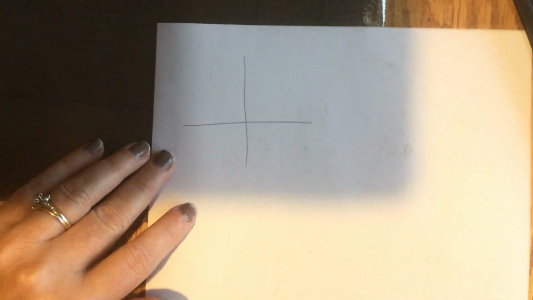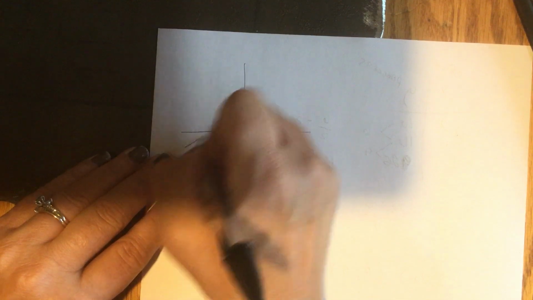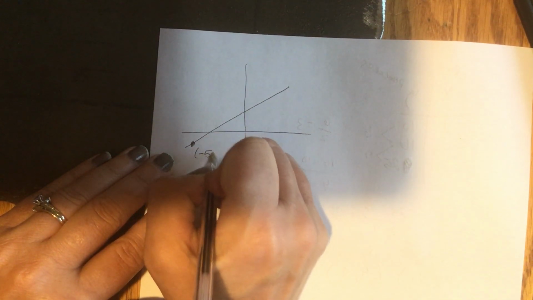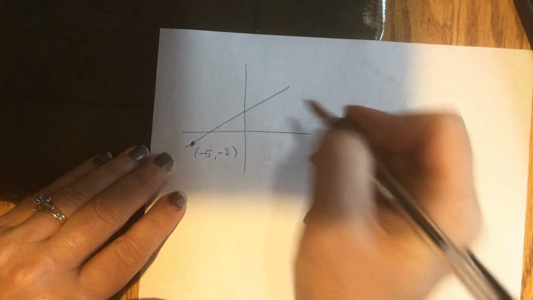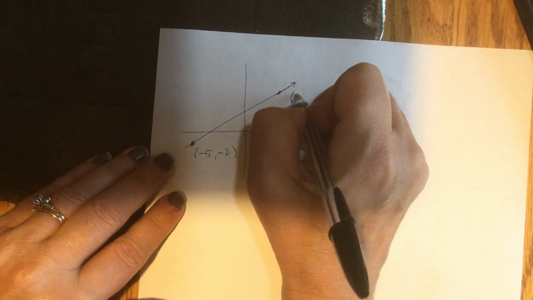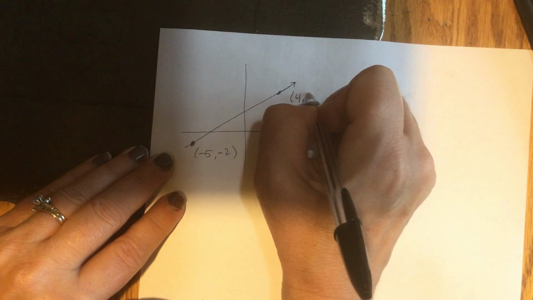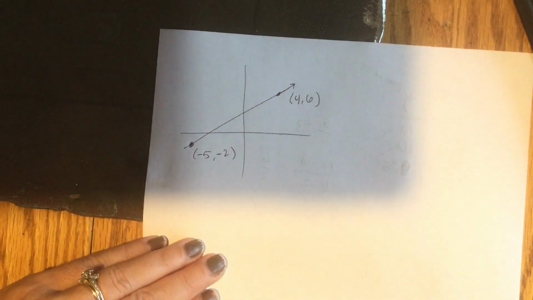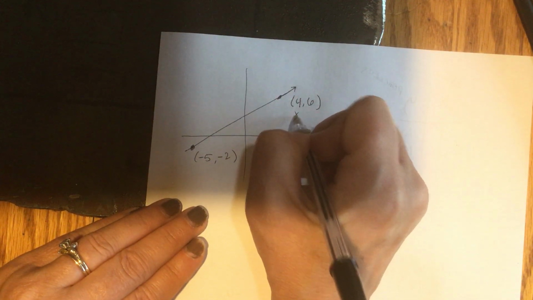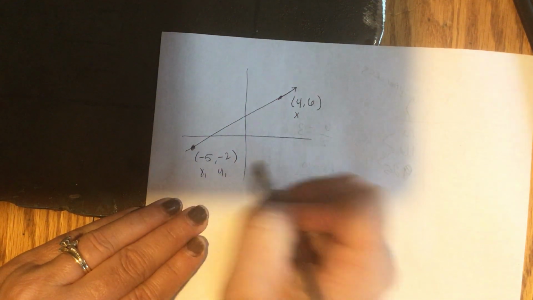They could give you a picture of a graph. So they might say, this is the ordered pair negative 5, negative 2. And they might say this is the ordered pair 4, 6. Okay? So you just have to realize this is like x1, y1.